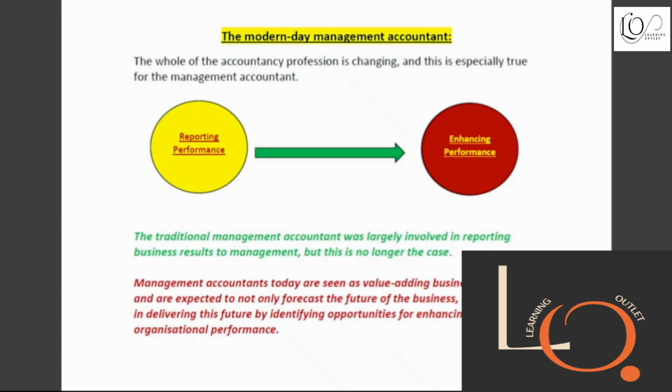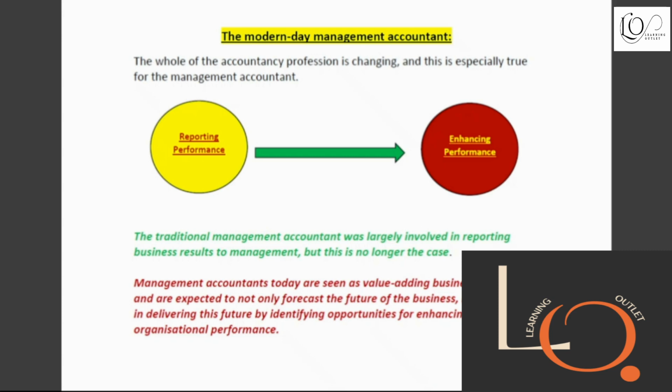But now, because of technology, because of the developing globalization and all of that, accountants are now expected to enhance the performance of a business. So, from simply reporting, they've gone to enhancing as well. As we learned in the definition of a management accountant itself, you are supposed to add, create, and preserve value for everyone who is interested in the business.